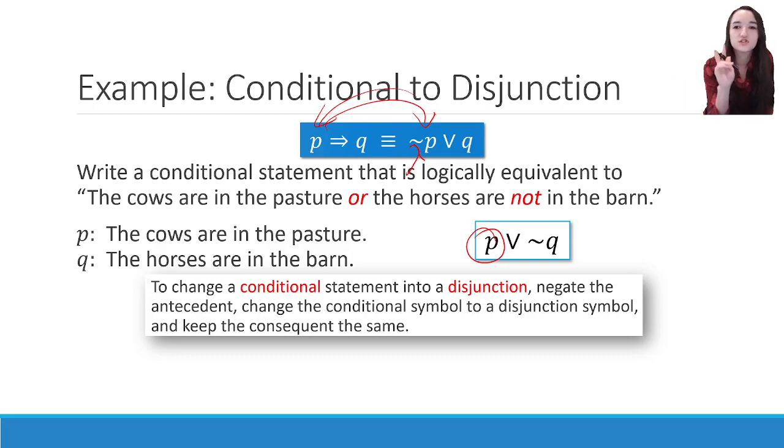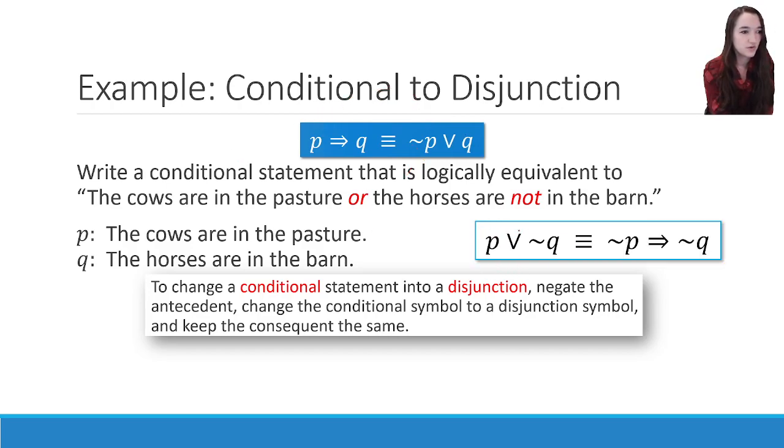We're just going to change its sign. Again, I'm using algebra terms here, but it works in a very similar way, right? A negative times a negative equals a positive. A double negation is a positive statement. So we're going to negate to go backwards.